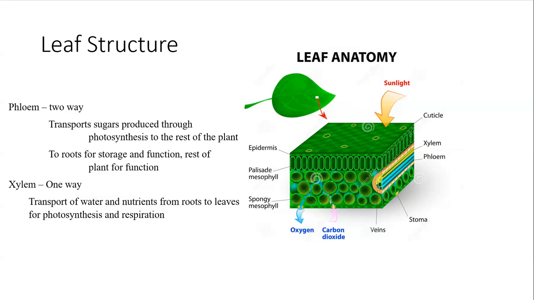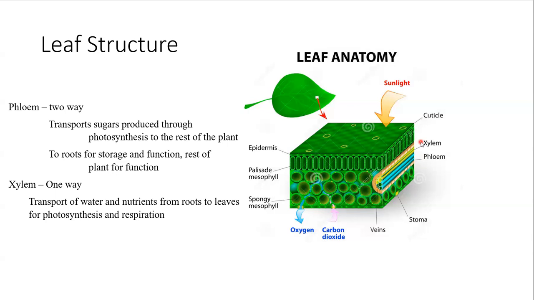Now, within the leaf itself, there's also the veins. And remember when we talked about parallel and netted venation and identifying dicot plants by a midrib or sub-midribs or whatever type of venation they have, right?